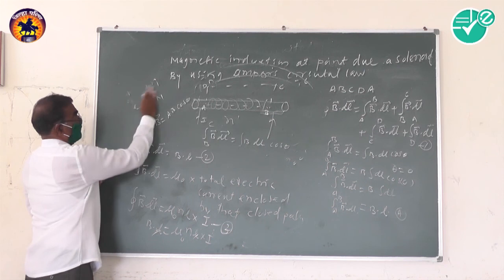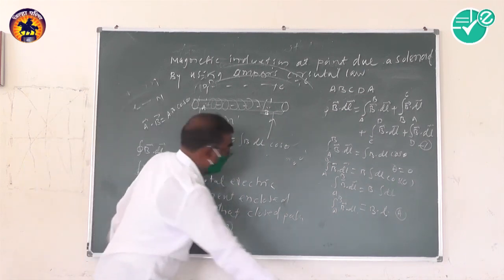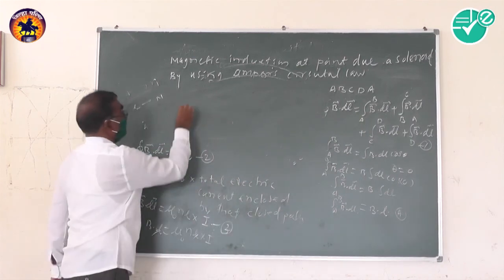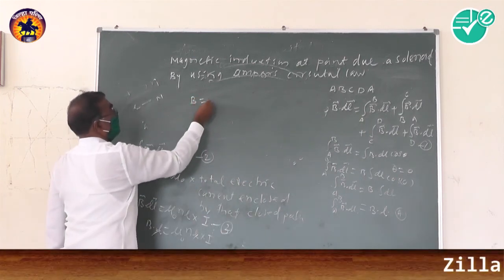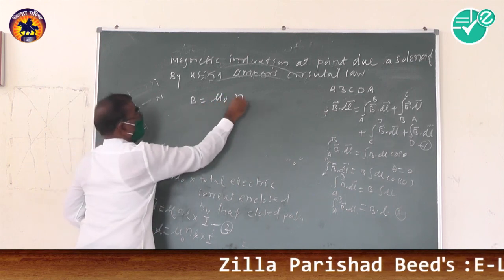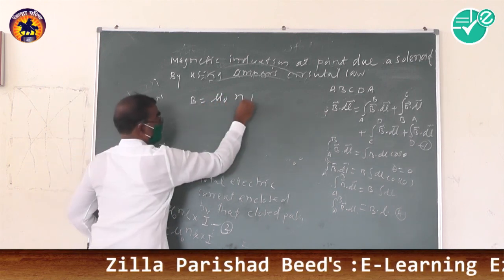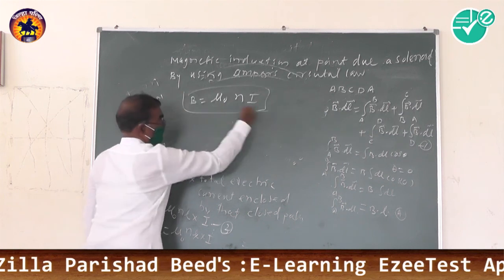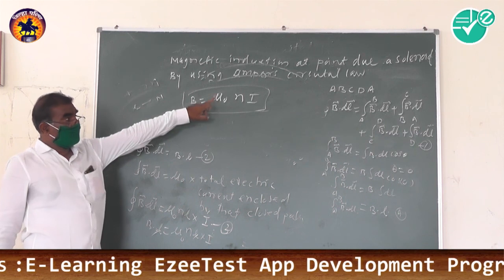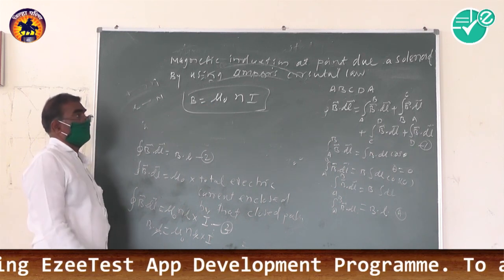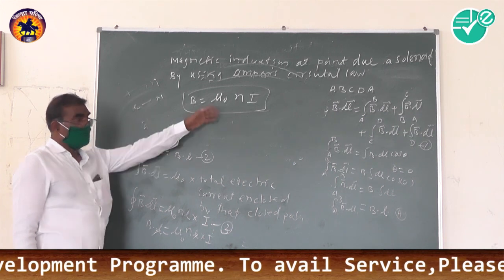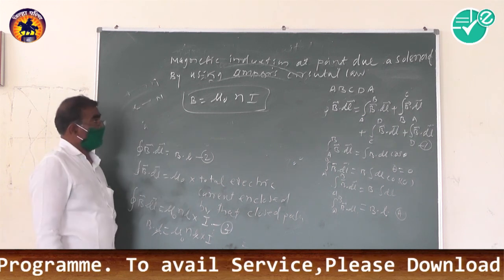Therefore, the second application of Ampere's circuital law is B equals mu 0 n I. That is the second application: the magnetic induction at a point due to a solenoid, found by using the Ampere circuit. That is the second application of Ampere's circuital law.